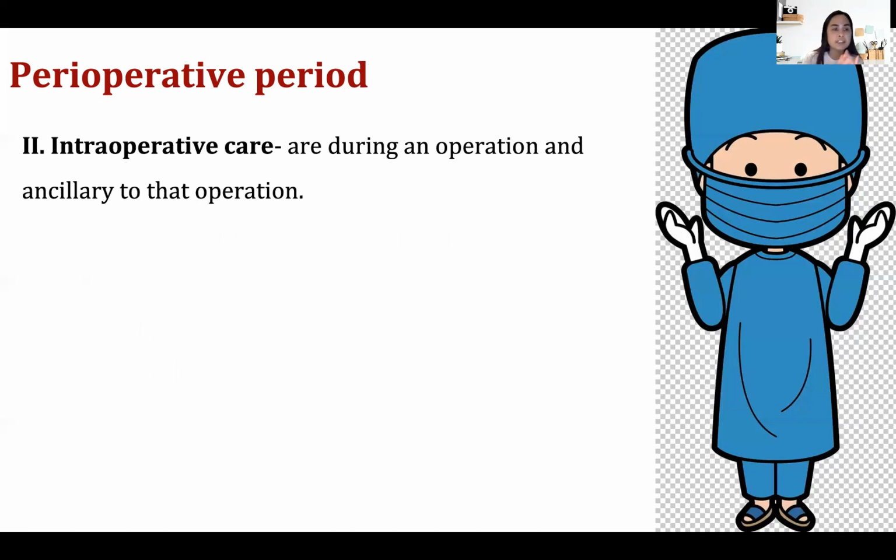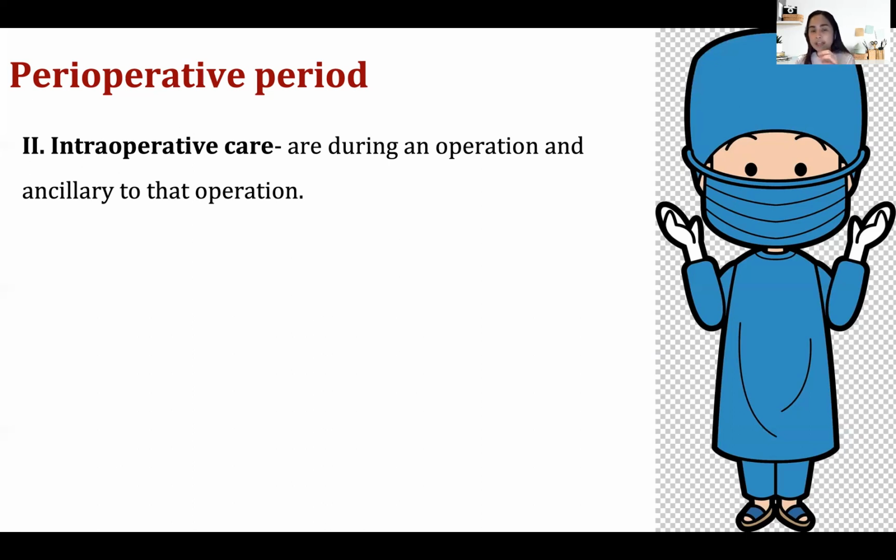The second phase is the intraoperative care. Intraoperative care is during the operation itself and the ancillary care to that operation. At this time, only the surgical team, the doctor, the circulating nurse and the scrub nurse are the ones taking care of the patient.